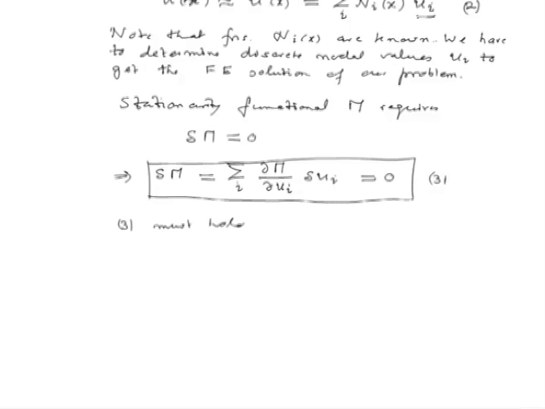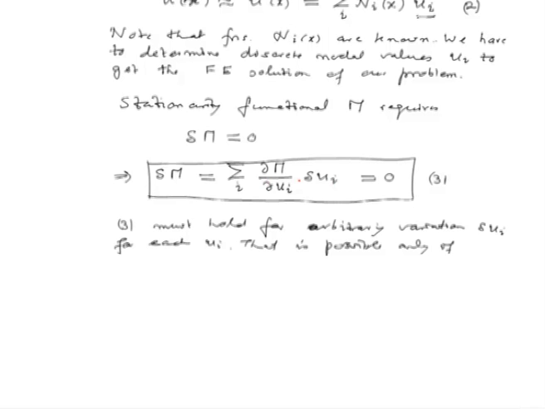And 3 must hold for arbitrary variation delta u I for each u I. So, that is possible only if the multiplier which we had in this summation is identically 0.